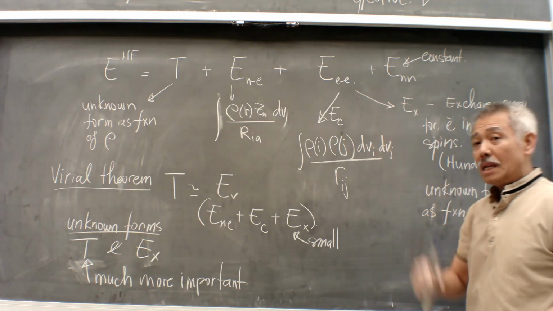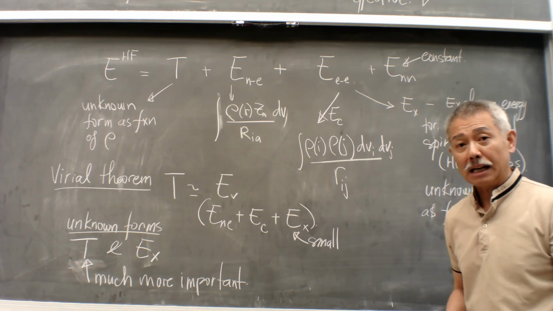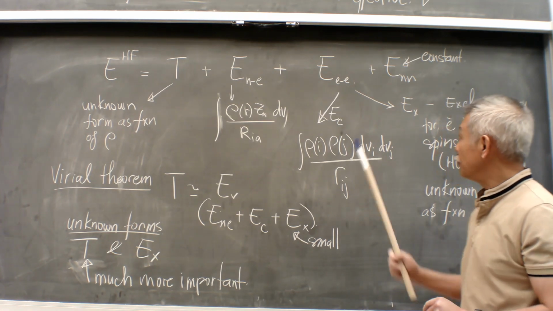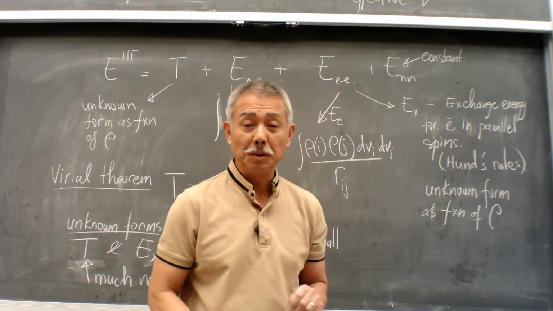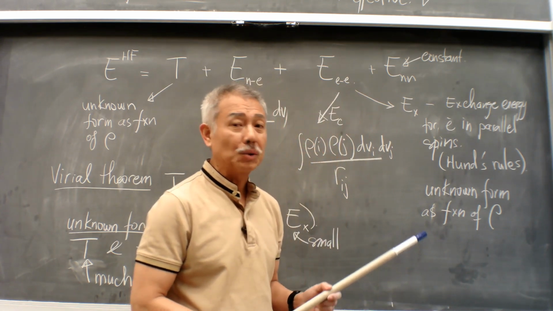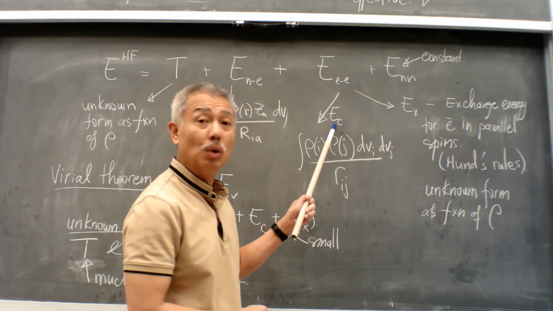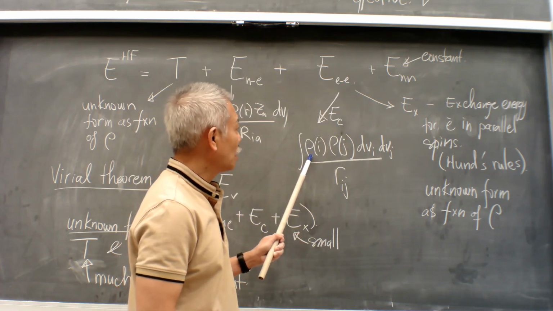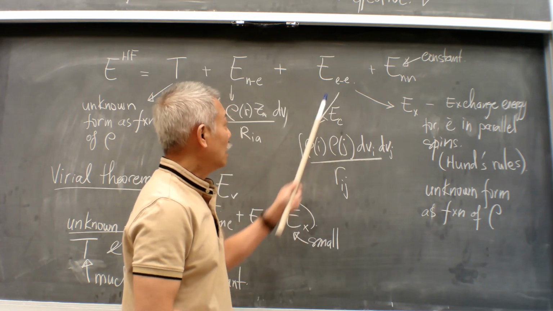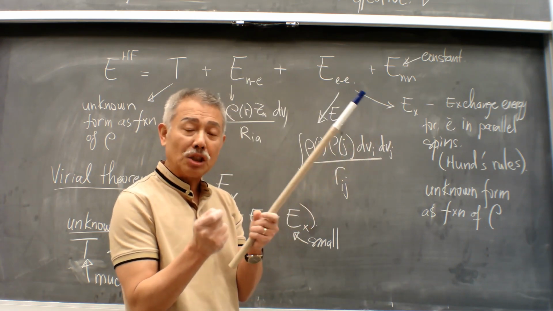Now, for electron-electron interactions in Hartree-Fock, it turned out there are two terms. One has a classical counterpart. This is the Coulomb repulsion term. The Coulomb repulsion is the repulsion between electron i and j.